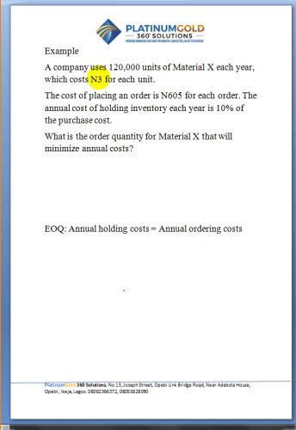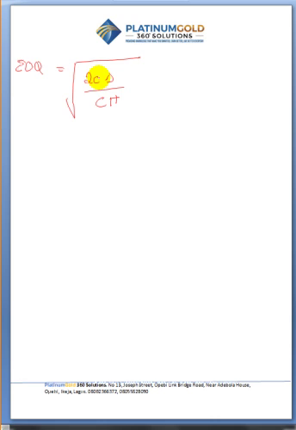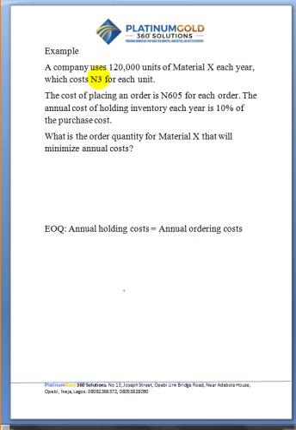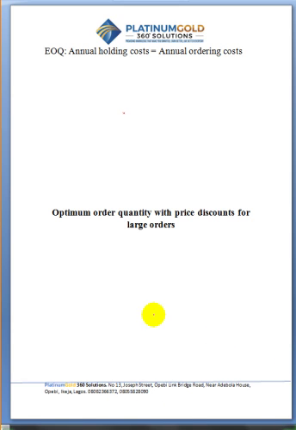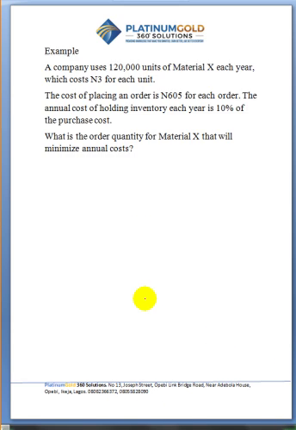Okay, let's see our question. Let's take this example. A company uses 120,000 units of material X each year.